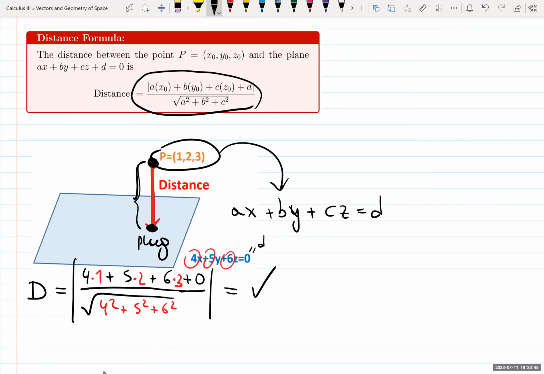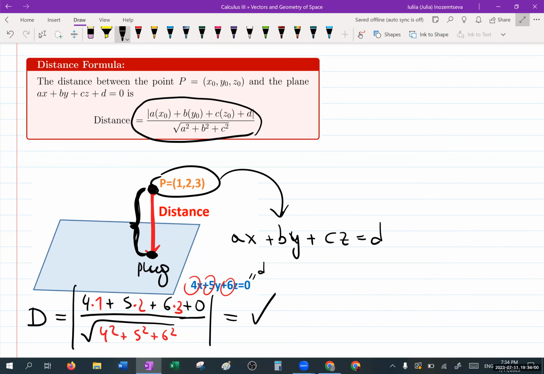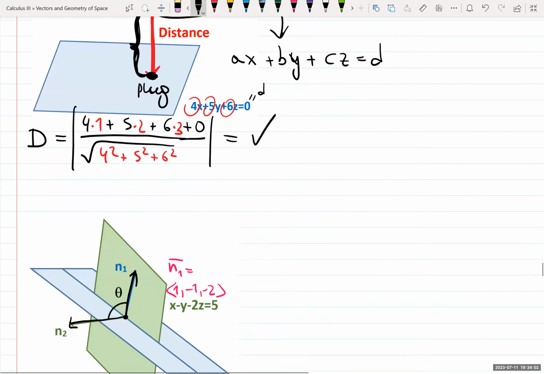And then the normal vector gives you this distance. That's kind of how I visualize why the formula was created this way. But you can also check how the formula was derived. Maybe it will help you remember.